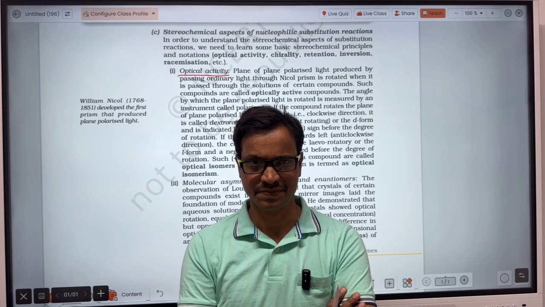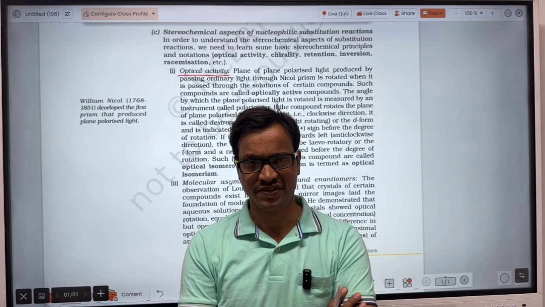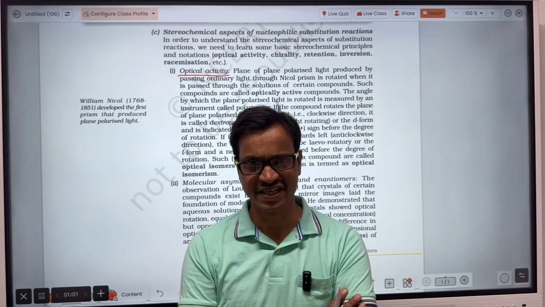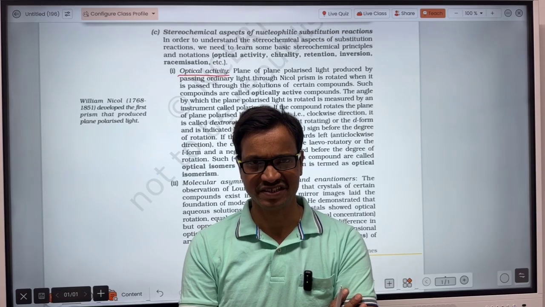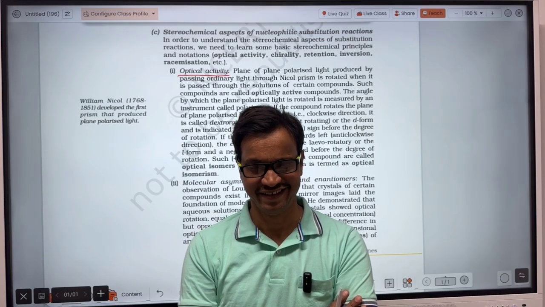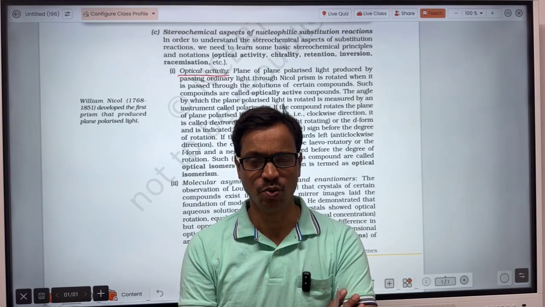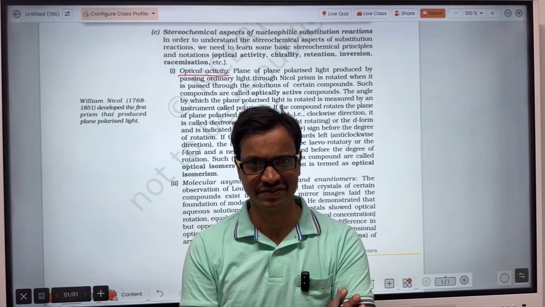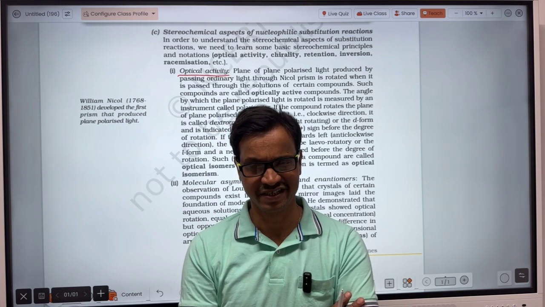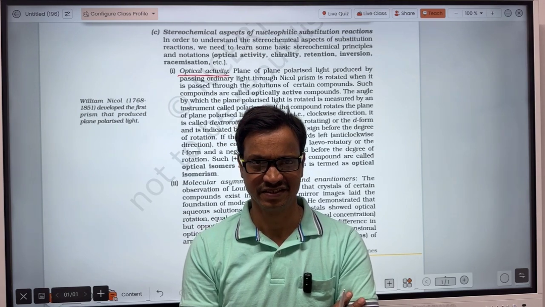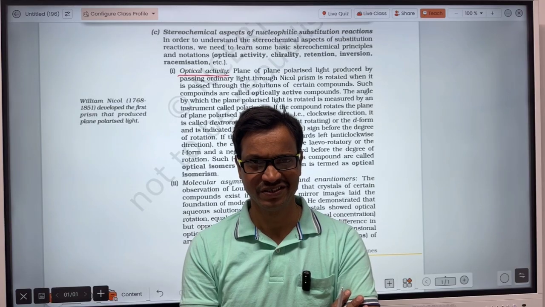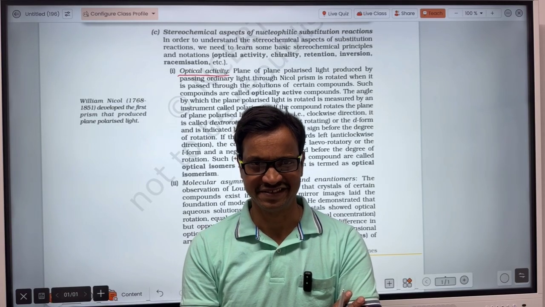When the substance rotates the plane polarized light towards left, that substance is called a levo-rotatory compound. And if there is no optical activity, that is, the plane polarized light bends neither towards right nor towards left, the substance is called an optically inactive substance.